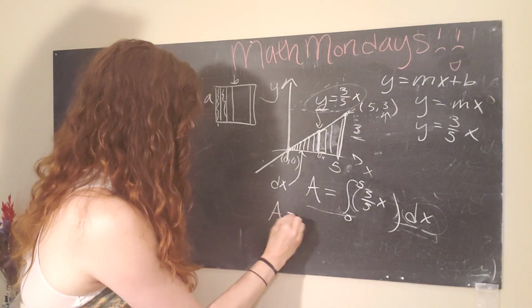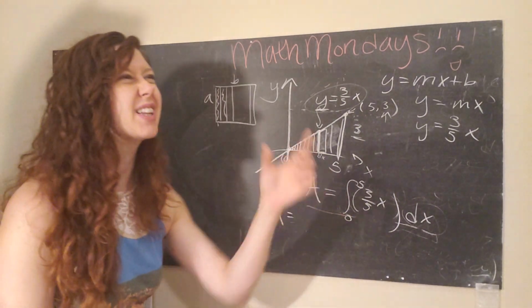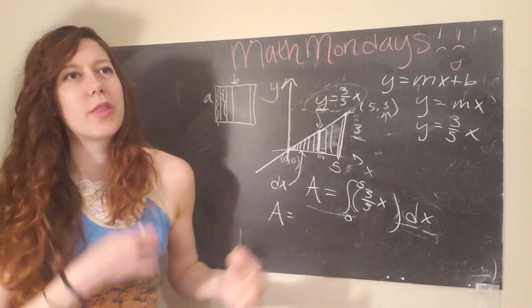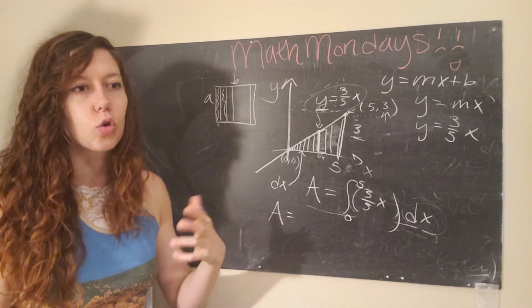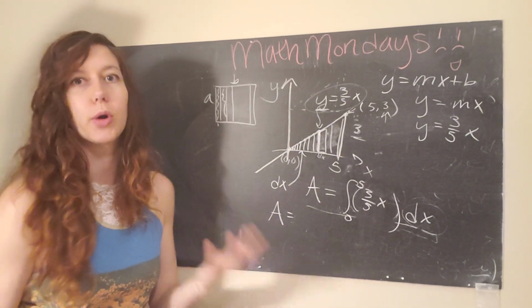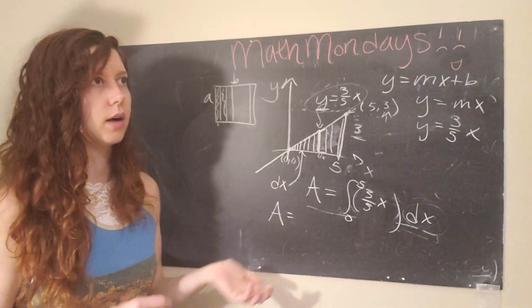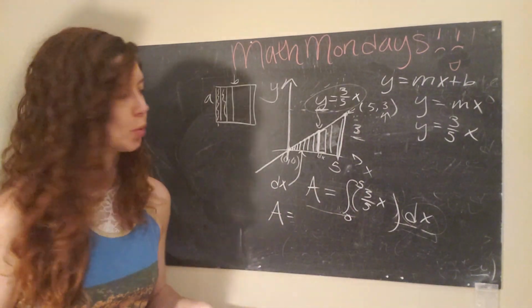Okay, so now this is where the calculus bit comes in, and unfortunately there is a little bit of memorization, but it really just has to do with understanding how integrals work. And an integral is the opposite of a derivative in much the same way that multiplication is the opposite of division, or vice versa. Division is the opposite of multiplication.